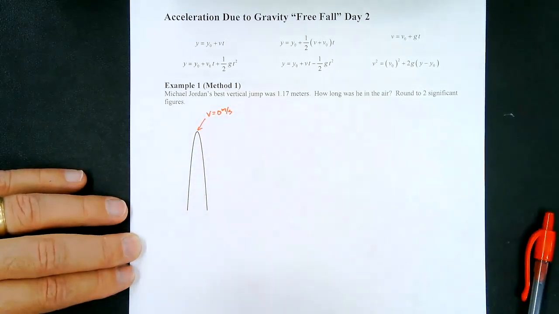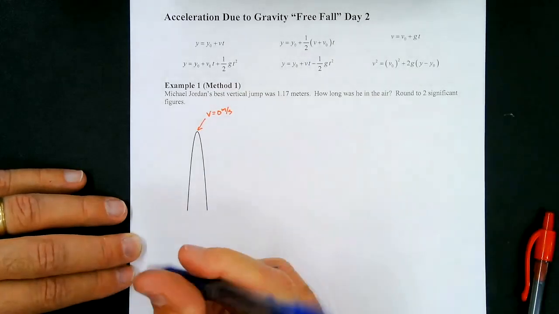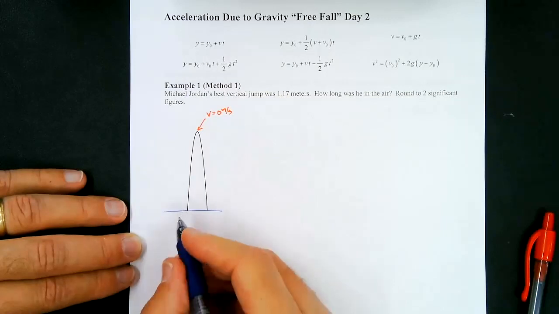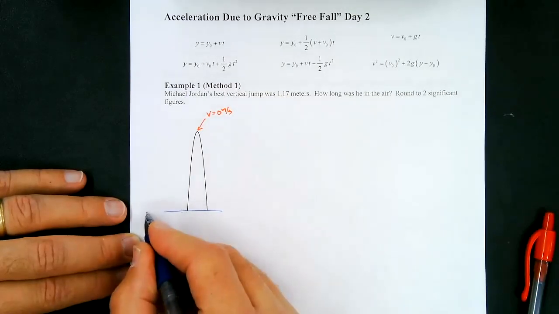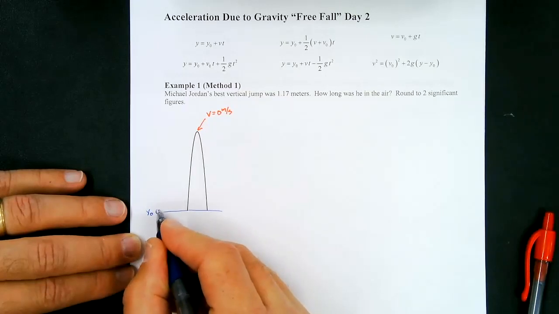So this would be the floor or the court down here. Since he's starting there, that's going to be my starting position, y sub 0, and I want that to be 0 meters.